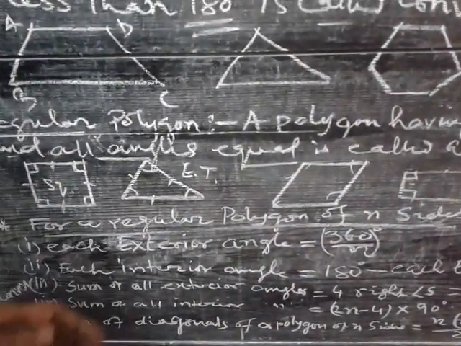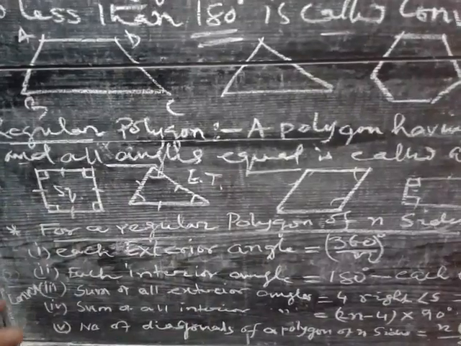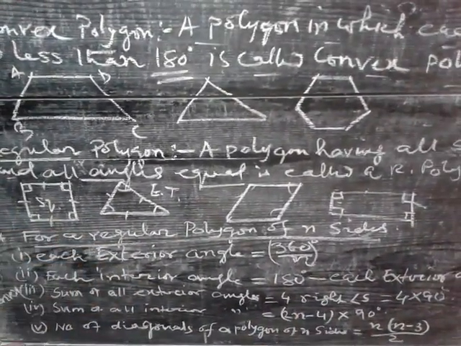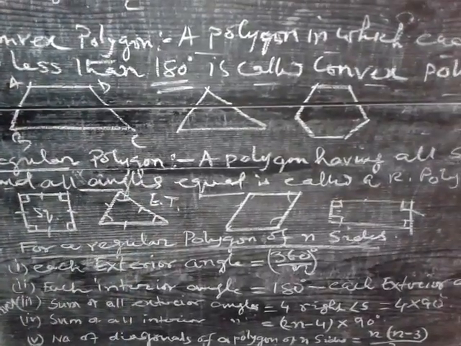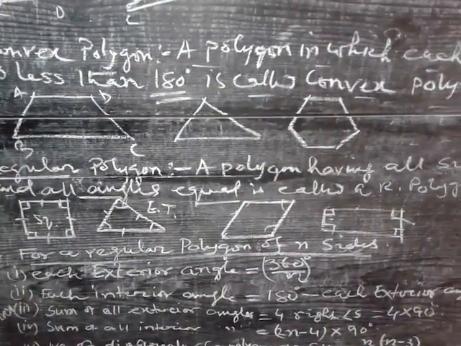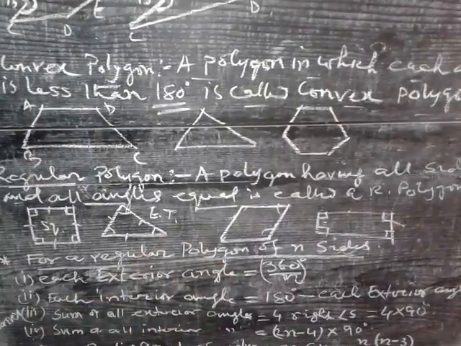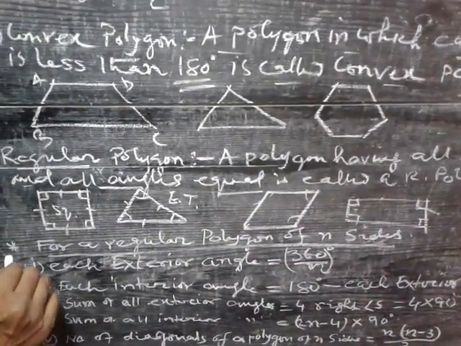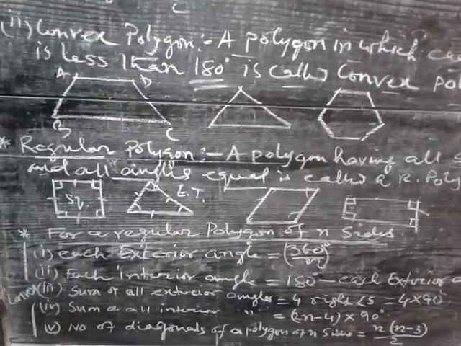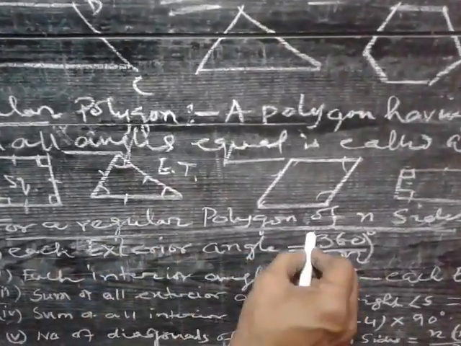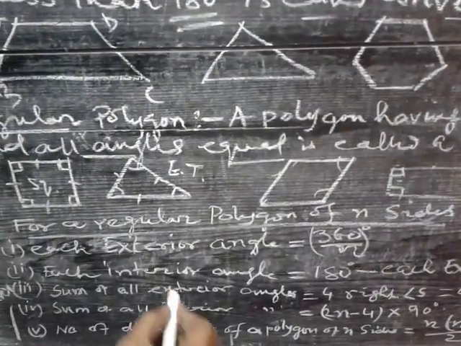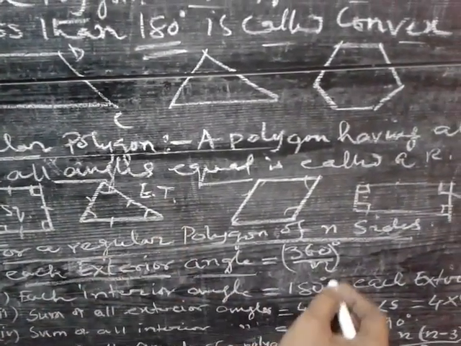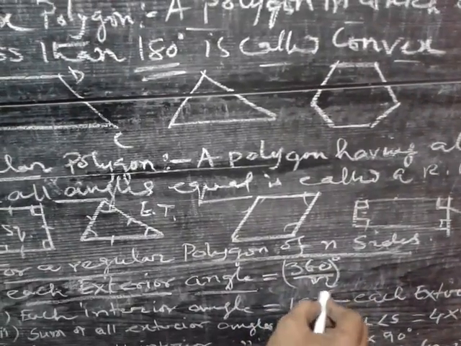Now to measure the sides and the angles of any polygon, if it is a regular polygon, then we do have some formulas. We can establish those formulas also. Right now you just try to understand the formulas. For a regular polygon of n sides, each exterior angle measurement will be 360 by n.